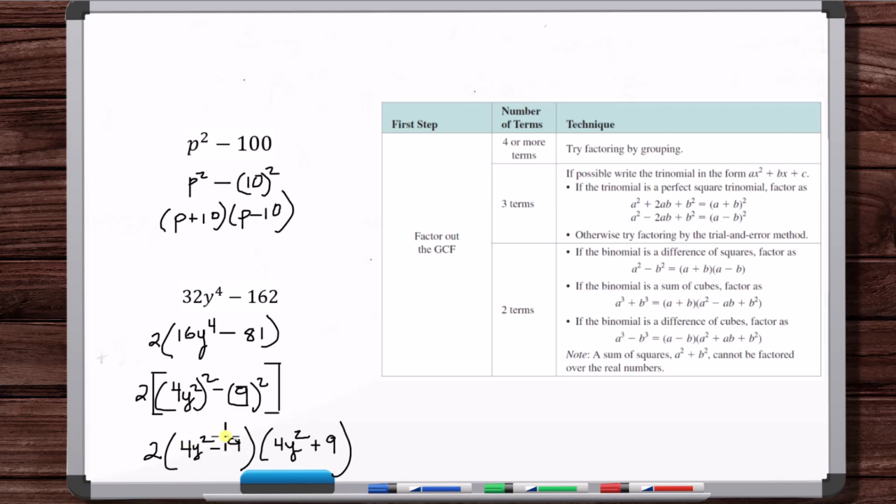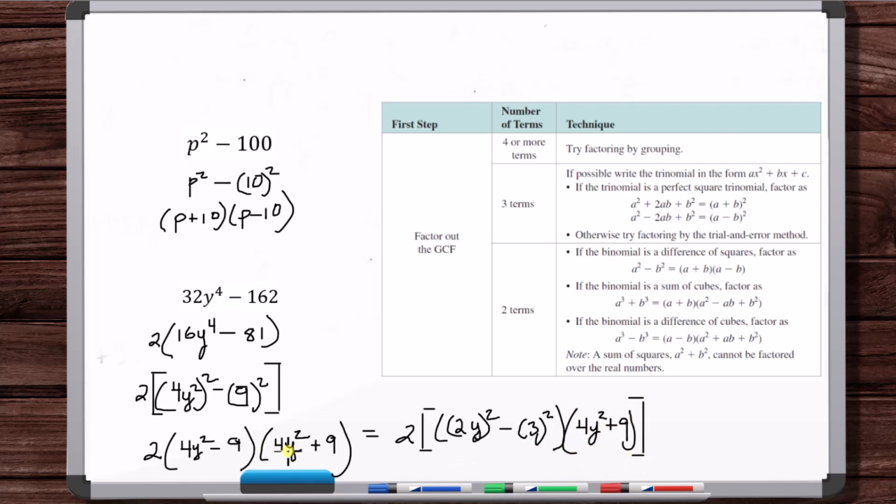Okay? So we've got the difference of 2 squares here. So this is 2, and then we have 2y squared minus 3 squared, multiplied by 4y squared plus 9.